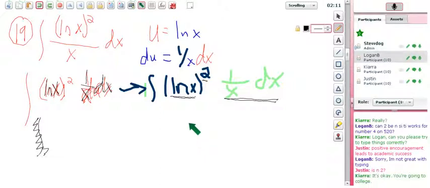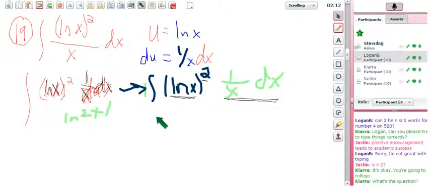Yeah, n is 2. What do you guys think? Right, that would fit the formula.